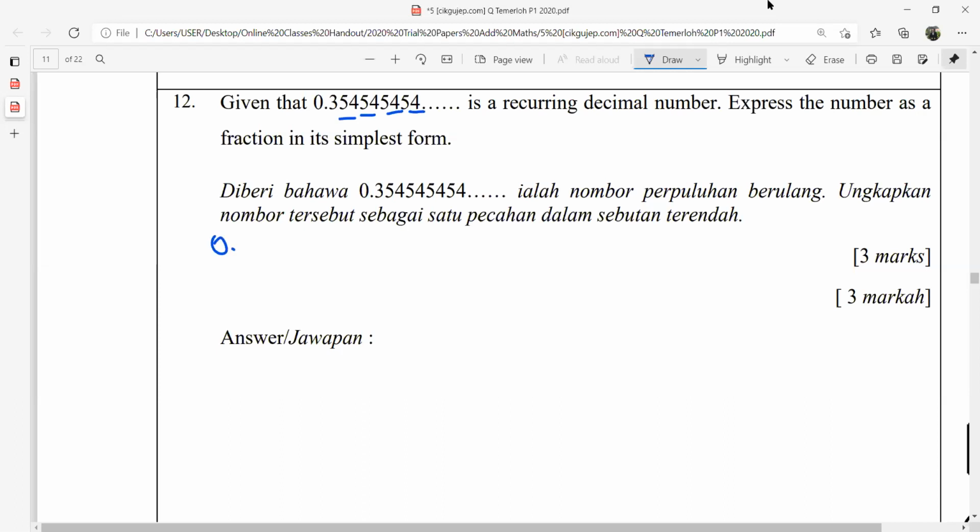In this situation, I will just tell you that whatever you see repeating, you can split them first.